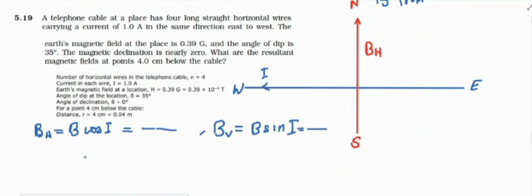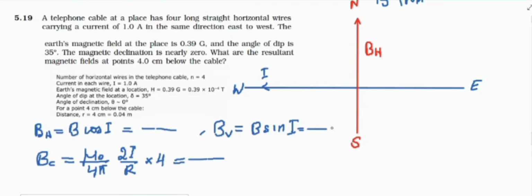After getting BH and BV, you can calculate the magnetic field produced by the cables. The magnetic field due to a current carrying wire is mu naught by 4 pi into 2I by R, into 4, because we have 4 cables. So you get the value of BC.